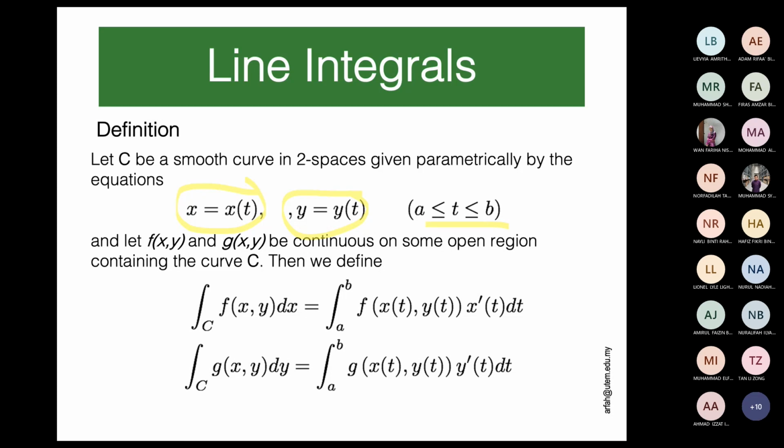This time it is not an integration under an area or in a solid, we want to find it over the smooth curve C. That's why you do the integration with respect to C. So the integration of f(x,y) dx will be the integration from a to b of f(x(t), y(t)) x prime t. We substitute here for the f and g functions, and dx becomes x prime t.